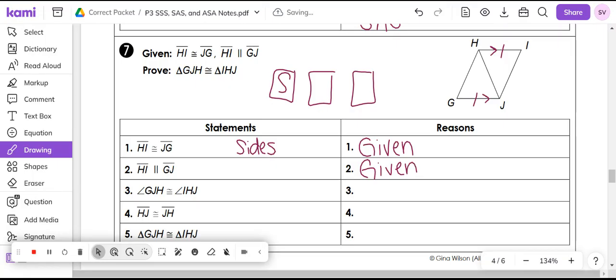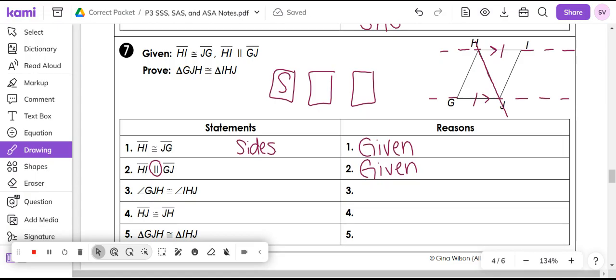Okay, there isn't really anything that we can pull from that other than the fact that we have a pair of angles. So anytime you have parallel lines, you're going to have an angle pair. So either they're going to be alternate interior angles or they're going to be corresponding angles. So here, if I have HI and GJ, HJ is the transversal between those 2 lines. And you guys can always extend out the parallel lines here to kind of just picture the angle pair that you'll have.